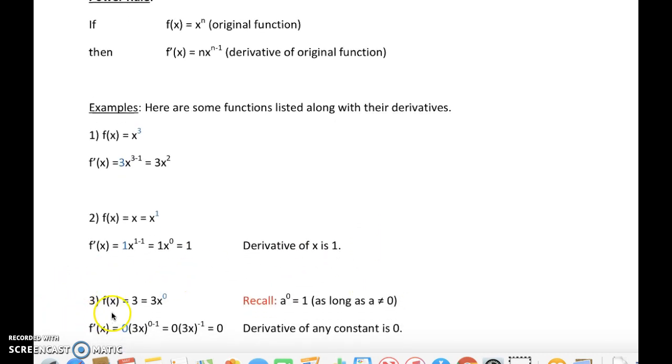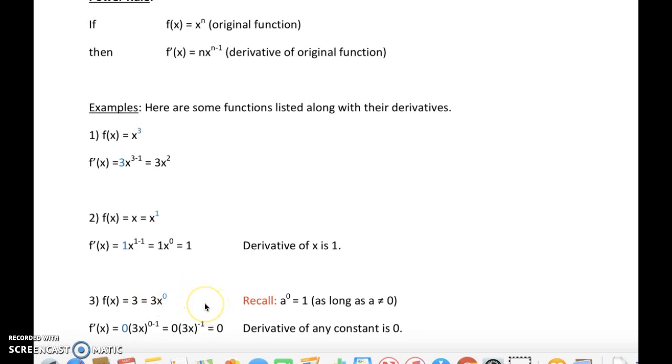If we look at f of x is equal to 3, so some function that is just equal to some constant, we remember that 3 is multiplied by x to the 0 power. X to the 0 power is 1. We don't write that, but that's what's going on here.